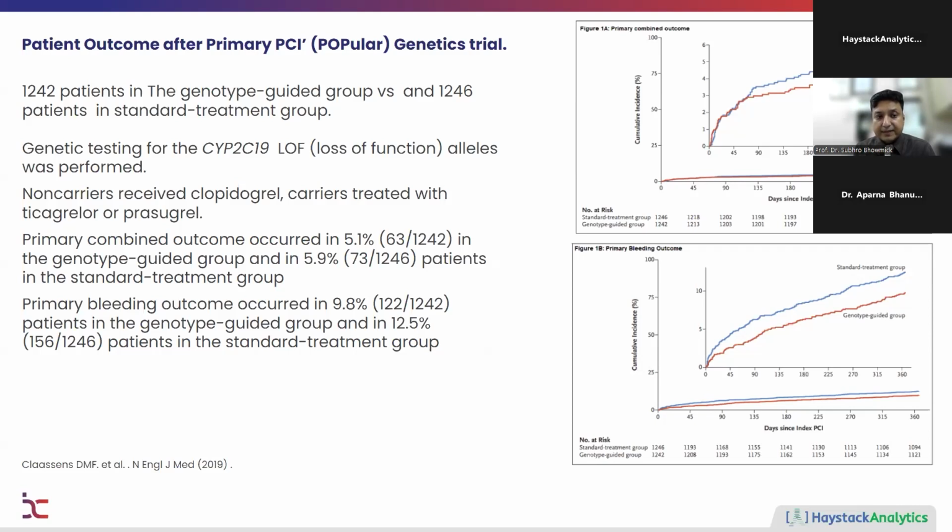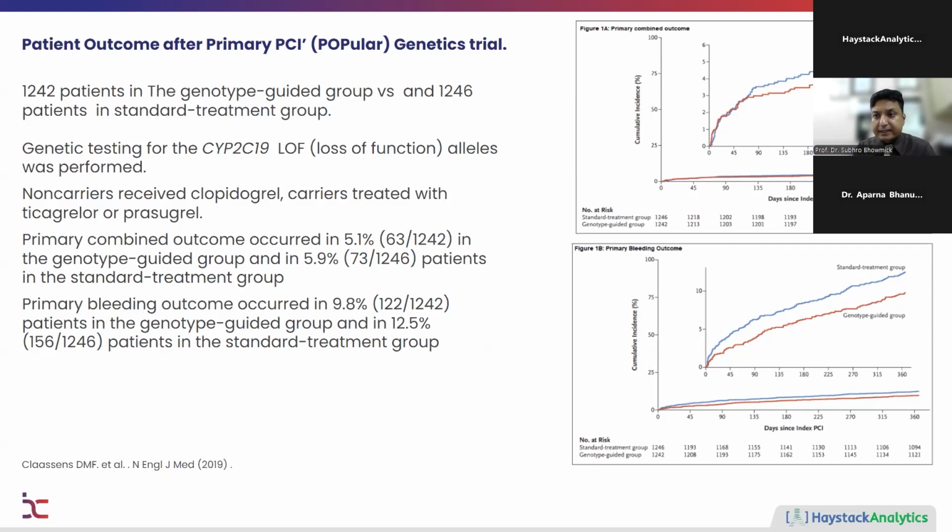Genotype testing was done for CYP2C19, and the non-carriers received clopidogrel. The carriers received ticagrelor or prasugrel. So clopidogrel was given to the non-carriers, and carriers were given ticagrelor, in the case of the genotype guided group.